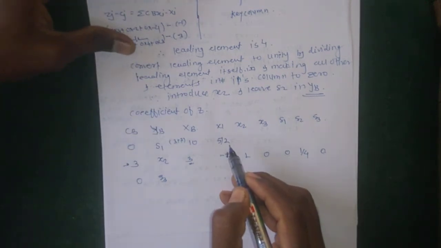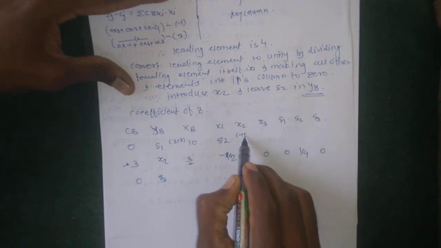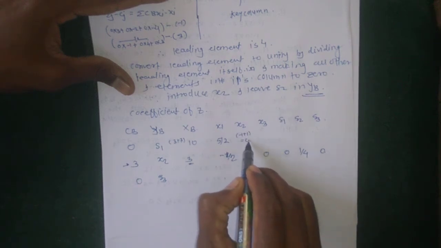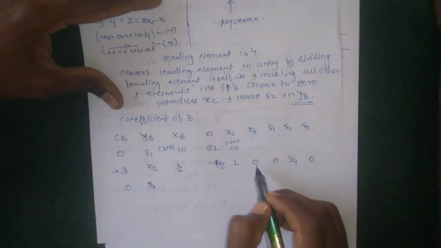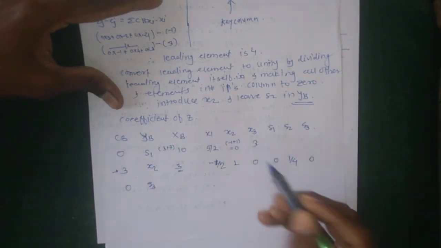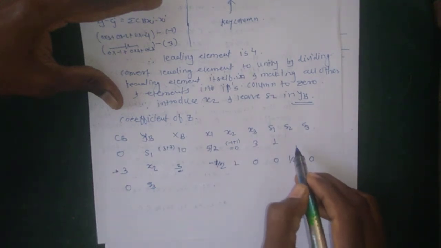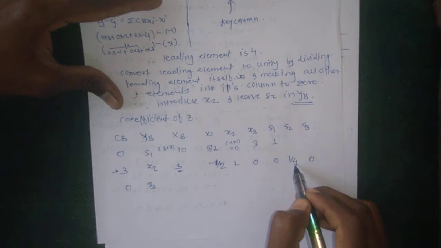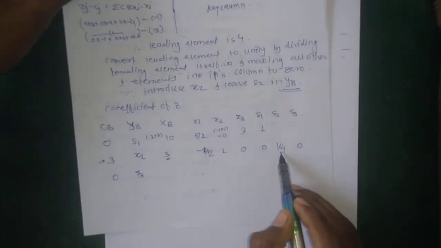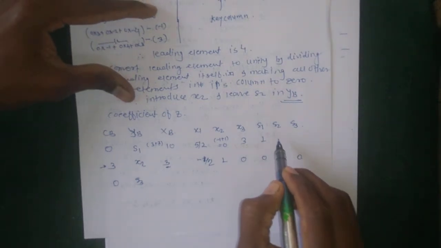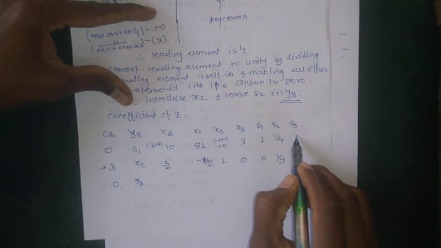Then minus 1 plus 1 we get 0. Then next is 3 plus 0 is 3 as it is, then 1 plus 0, 1 as it is, then 0 plus 1 by 4 we get 1 by 4, and then 0 plus 0 is 0.